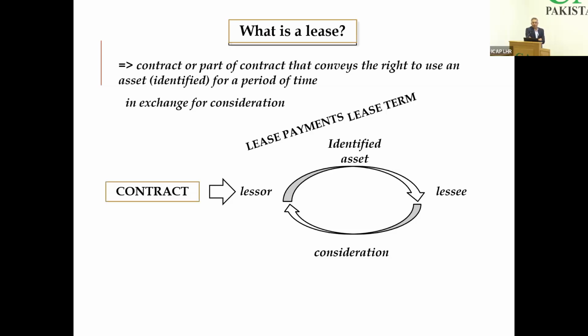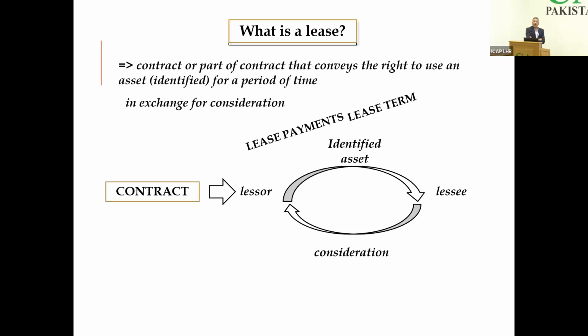So it's very important. There are certain very important aspects of the definition. First of all, it's a conveyance of right. It gives the right to the other party for use of the lessor's asset or the owner's asset. And then that asset must be identified. Later on in this presentation, we will be dealing with what is identified and what is not identified.